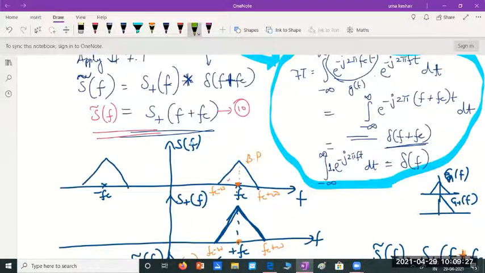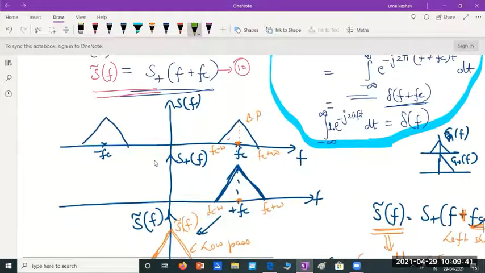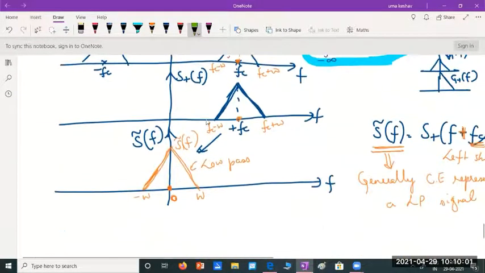When you draw the spectra of these signals, you will get the actual visualization of what is happening, the meaning of the complex envelope and pre-envelope. Here we have shown that in the frequency domain, the complex envelope of the signal is the left shifted version of its pre-envelope, S plus of f plus fc.